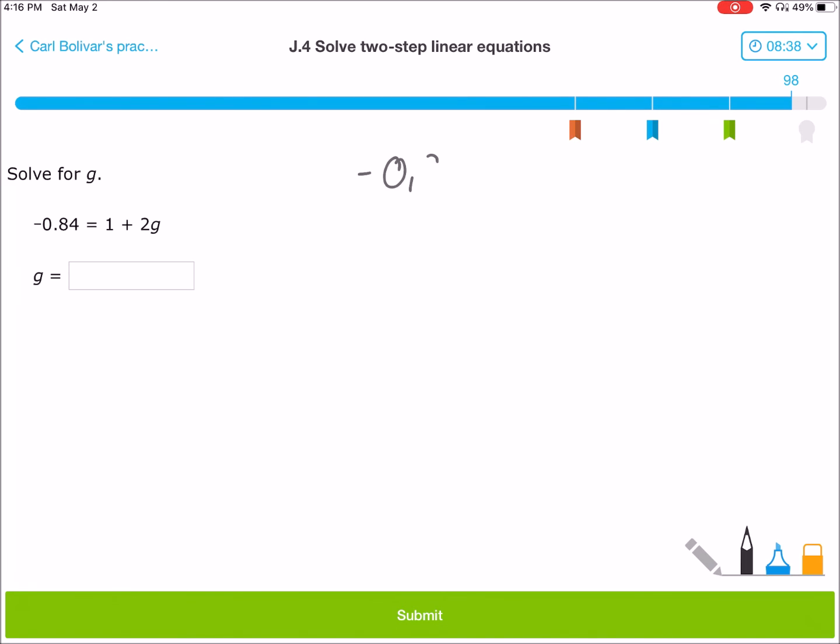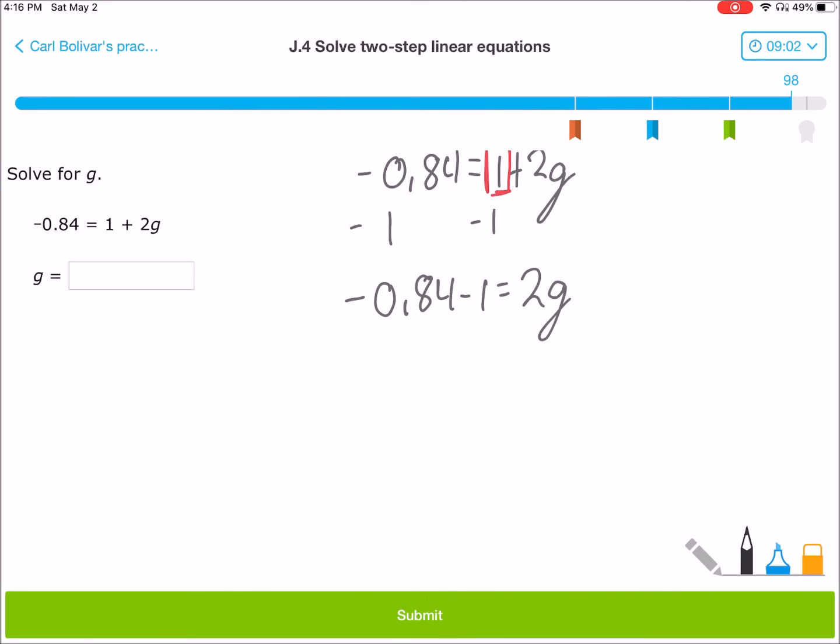Minus 0.84 is equal to 1 plus 2g. First, I'm going to take this and put it to the other side. So let's subtract 1. We will get negative 0.84 minus 1 is equal to 2g.